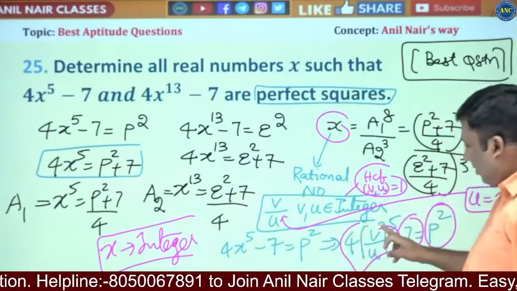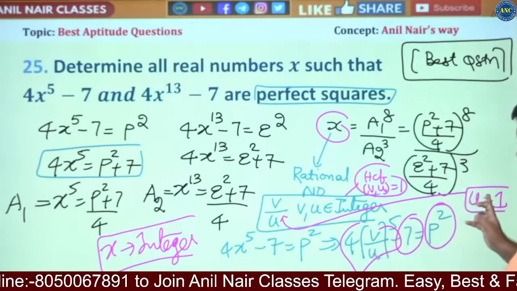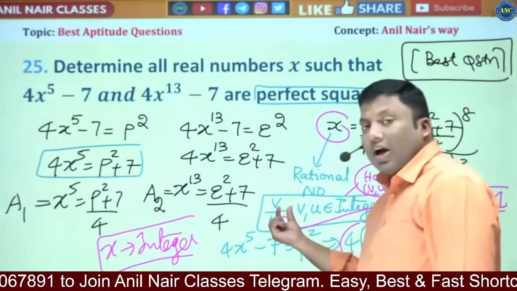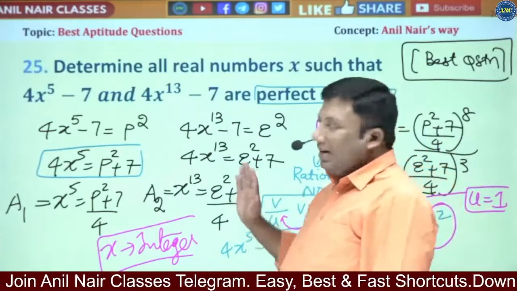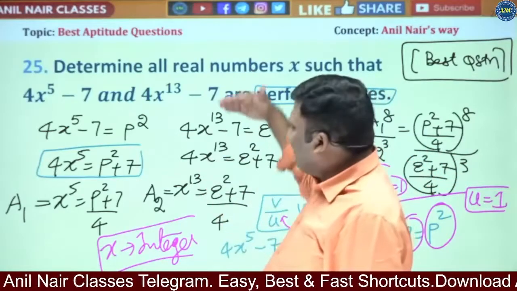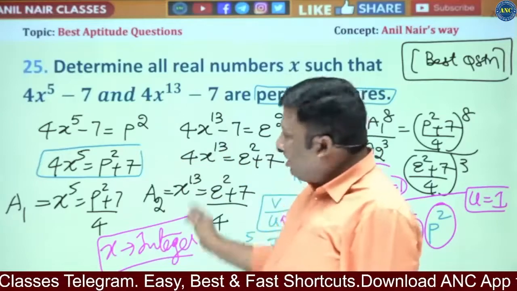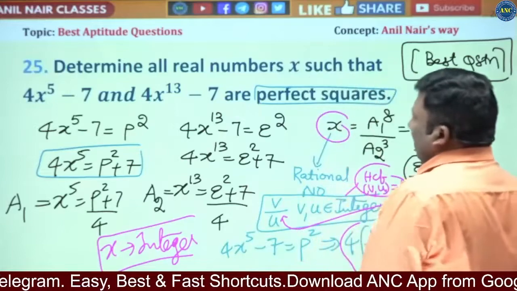Wherever x is there, write (v by u)^5. This is an integer, so it should be an integer. That means u should be 1. If the denominator is 1, it is not a general real number, it is an integer. From real number to rational number, from rational number to integer. A truly perfect question for the number tree property. Now see here.